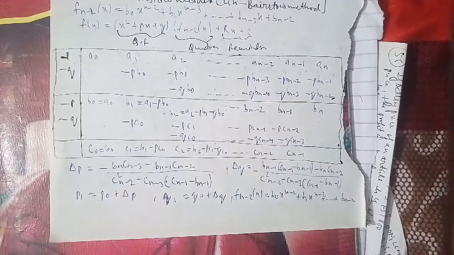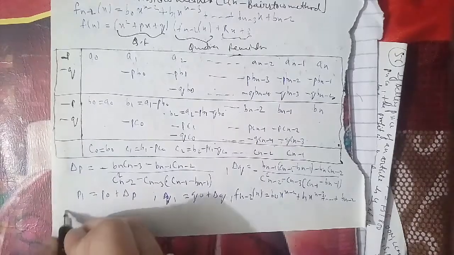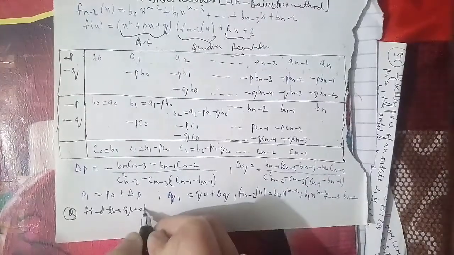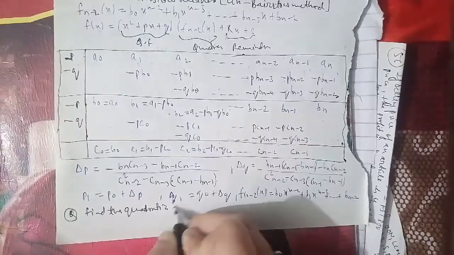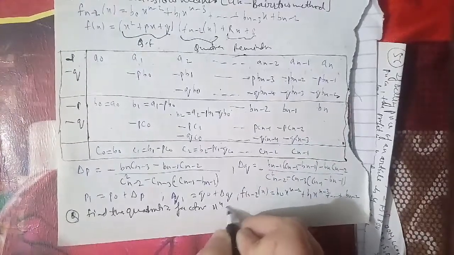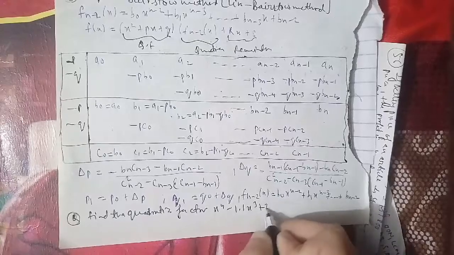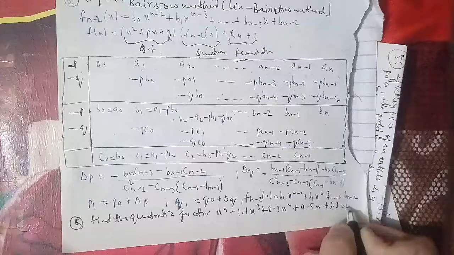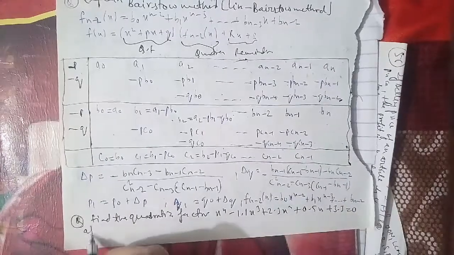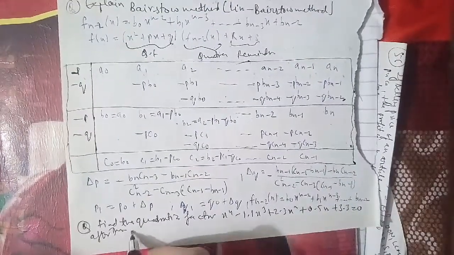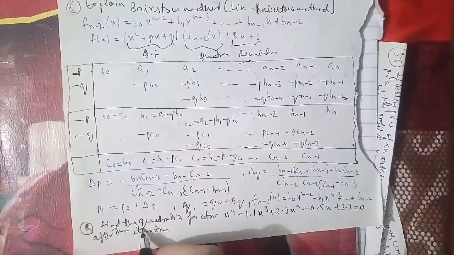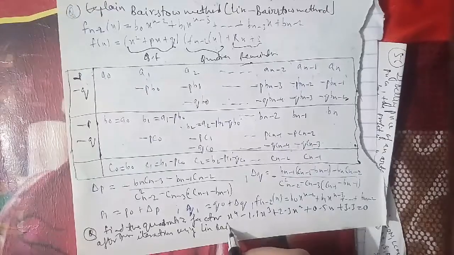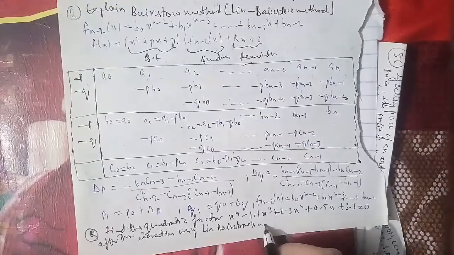So the question we have is as follows. Find the quadratic factor of x to the 4 minus 1.1 x cube plus 2.3 x square plus 0.5x plus 3.3 equals 0 after two iterations using the Bairstow method.